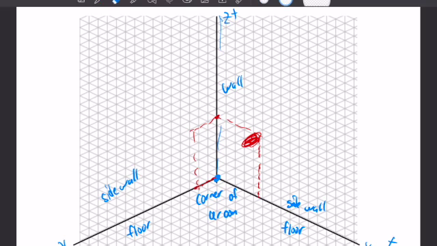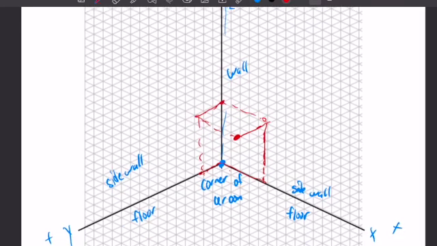I should have drawn that a little neater, like so. So we can see this is positioned about 5 units out the x-axis, up a certain number of units like so, and out from the corner like that. So we could describe it in 3 dimensions.